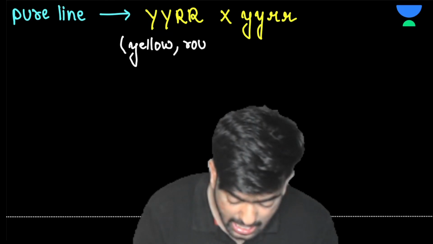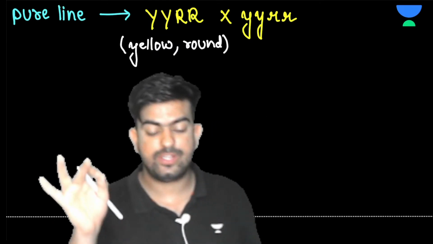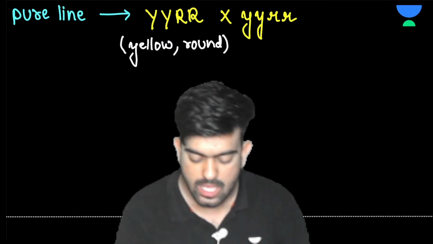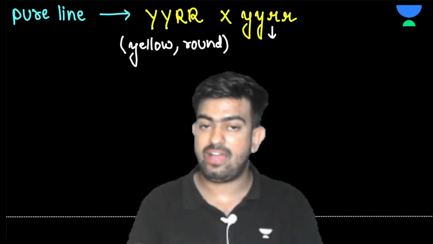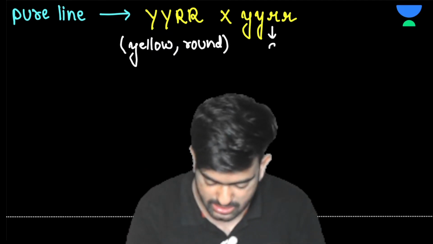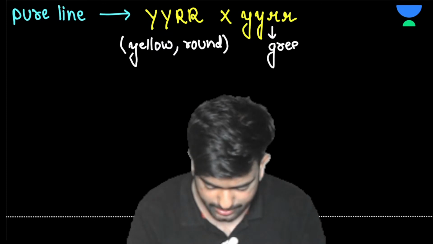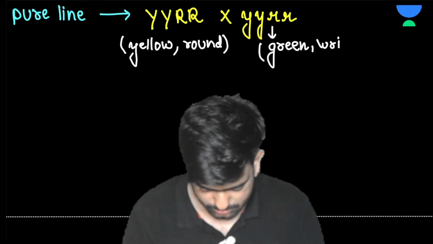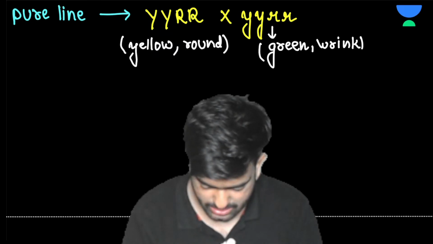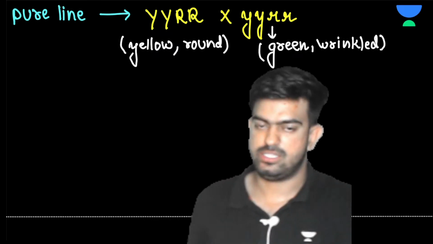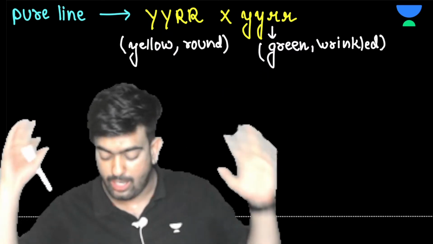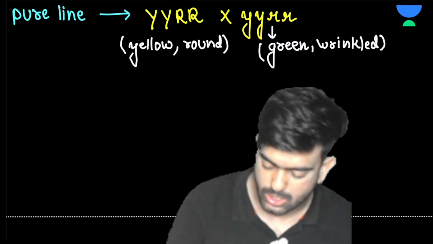And the one with small y and small r has the recessive characters, which are green color and wrinkled seed. Okay, so we understood about the yellow round and the green wrinkled. Now let's do the cross.